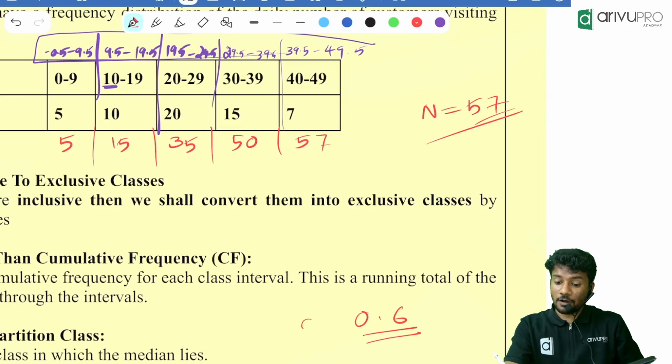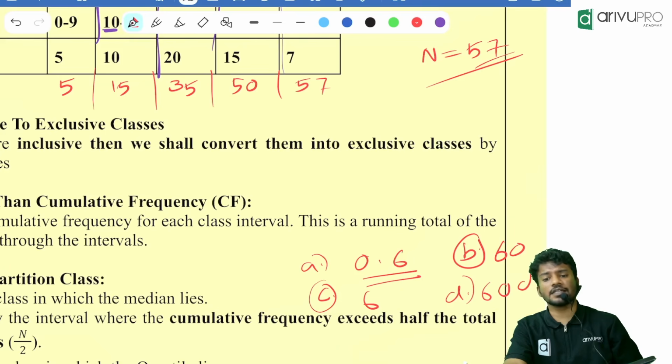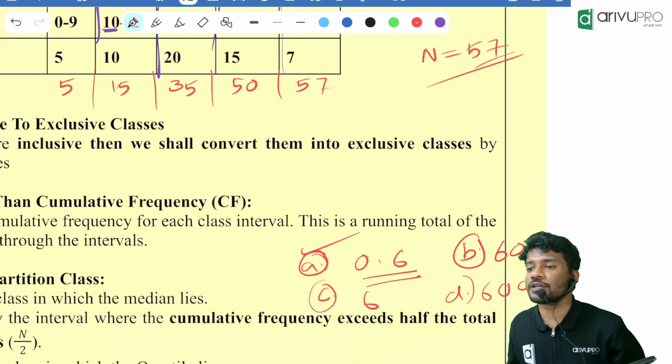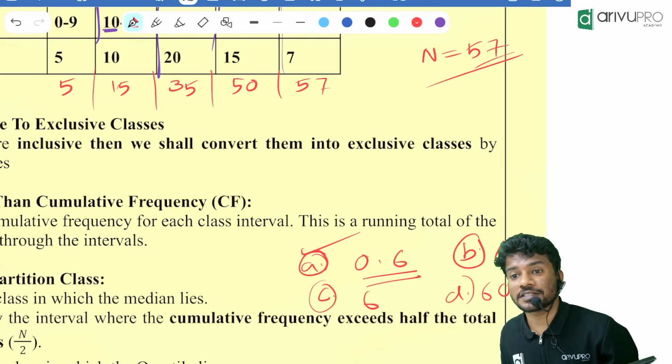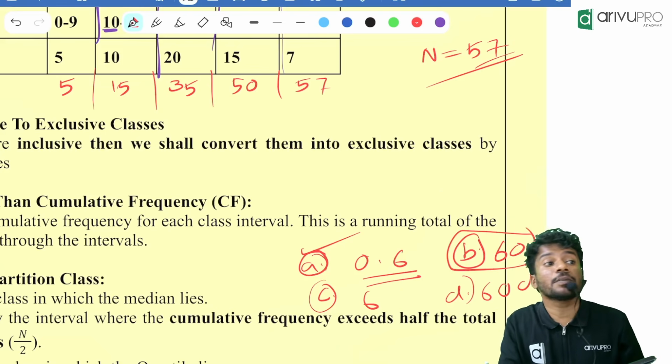But in the options, A is 0.6, B is 60, C is some other value, 6, and D is 600. Everyone who studied at school level will mark 0.6. But the answer as per ICAI is given in percentages.